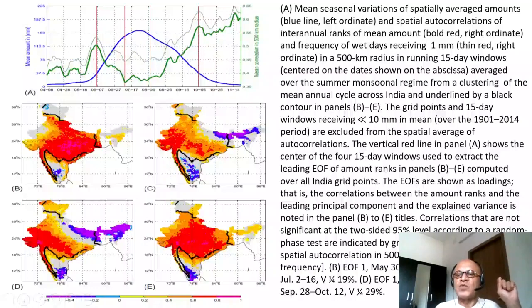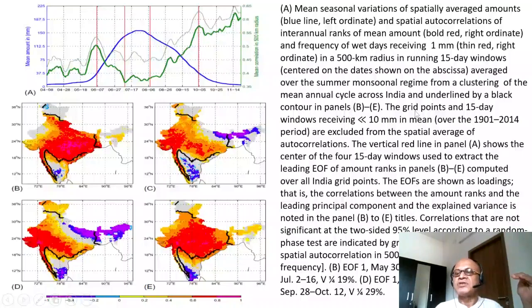And frequency of wet days receiving 1 millimeter or more in a 500 kilometer radius in running 15-day windows, averaged over summer monsoonal regime from a clustering of the mean annual cycle across India and underlined by black contours in panel B and E here. Okay, so those are the regions we are looking at.